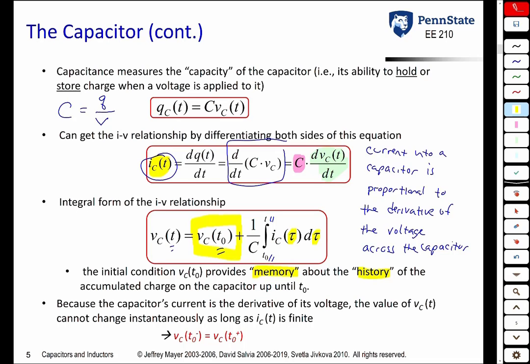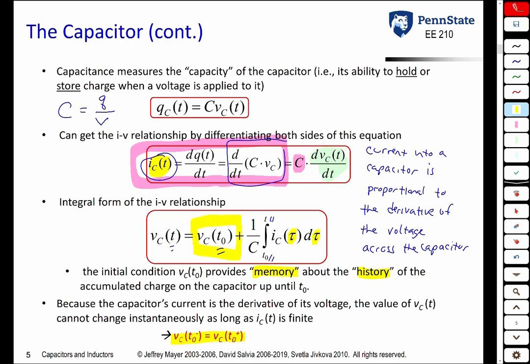Another important point we see is that if you look at this equation here, because the current is proportional to the derivative of the voltage, the voltage cannot change instantaneously. If the voltage changed instantaneously, the current would be infinite, which you cannot have. So the way we mathematically say that a voltage cannot change instantaneously is by this term down here.